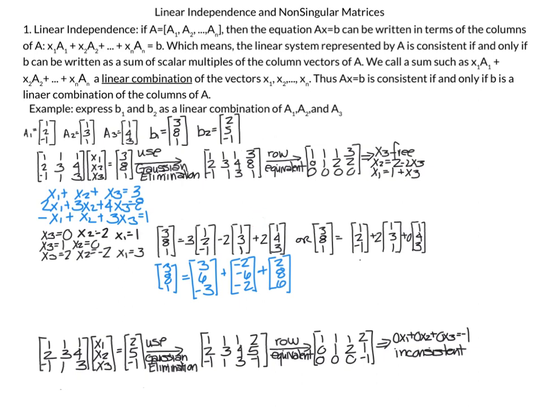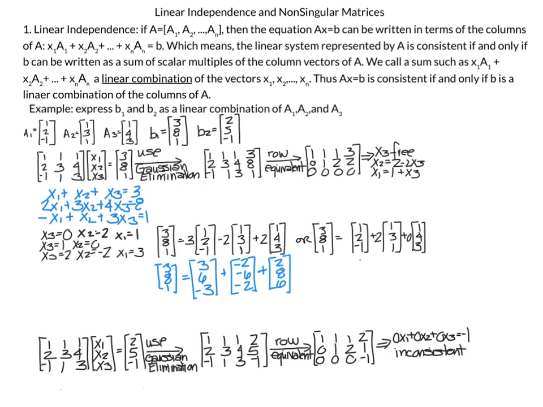And just reading the rest of this, it means the linear system represented by A, and this is the linear system here in blue, is consistent. In other words, it has a solution if and only if b can be written as a sum of scalar multiples of the column vectors of A, as we did here. Here are the column vectors of A, and these scalar multiples are from the vector x.